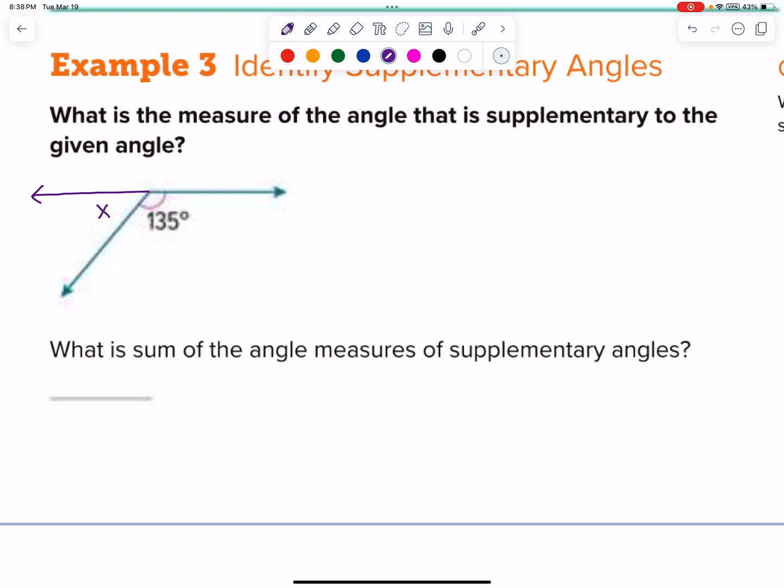Okay, so let's go ahead and create our equation. So we have 135 plus the mystery angle, and we know it has to equal 180 degrees. We can solve for x, which we know is just simply doing 180 minus 135. If that's what you're thinking of doing anyway, that's accurate, but this is the algebraic way of writing the initial equation first.